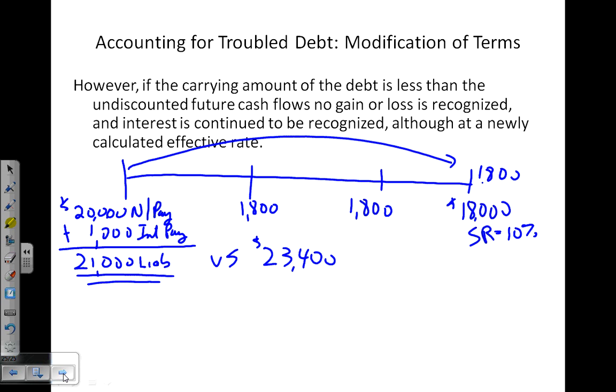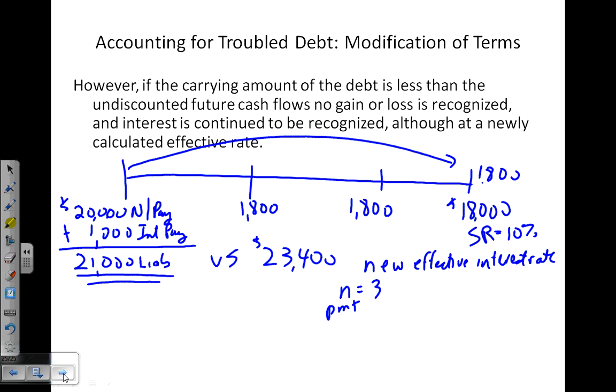And so the key here now is that we're in a no gain situation. What we have to figure out is a new effective interest rate in order to basically equate those future payments to the present value of $21,000. And so N equals 3.